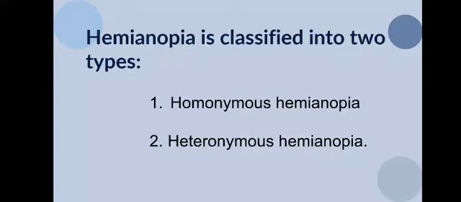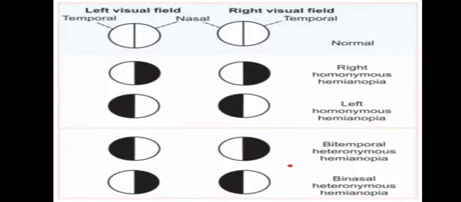Hemianopia is mainly classified into two types: homonymous hemianopia and heteronymous hemianopia. Here we can see the temporal and nasal division of the eye. This is the left visual field and this is the right visual field. If the same side of the visual field is lost, if it is the right, it is known as right homonymous hemianopia, and if it is the left side, it is left homonymous hemianopia.